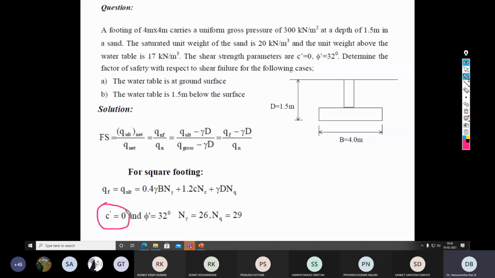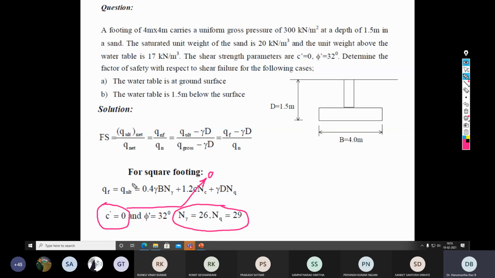So the entire cohesion term becomes 0. The only terms remaining are N gamma and Nq. You don't need to take Nc. Even if you take the value, that whole thing will become 0. So phi dash 32.